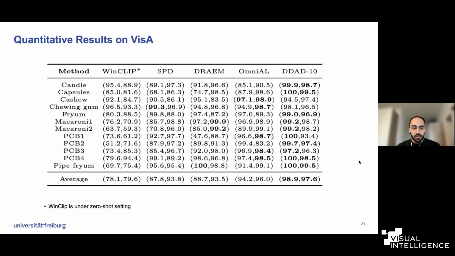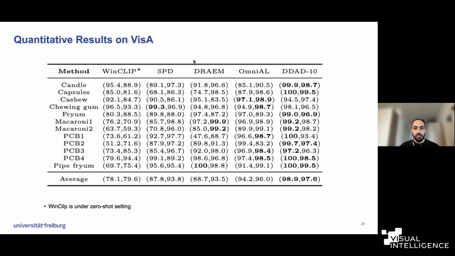And we also benchmark on the VisA dataset. On the VisA dataset, which has 12 categories, we compared against the state-of-the-art models, and we could also achieve state-of-the-art results. One thing I forgot to point out, nowadays another framework is using foundation models, visual language models, and they only try to define the normality and abnormality based on prompting, like text prompting.